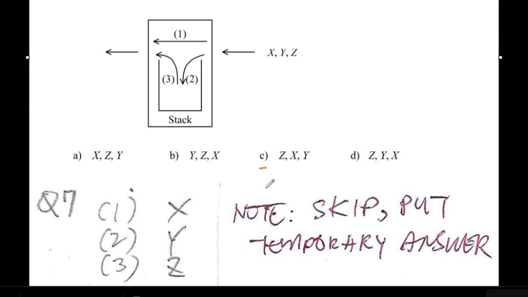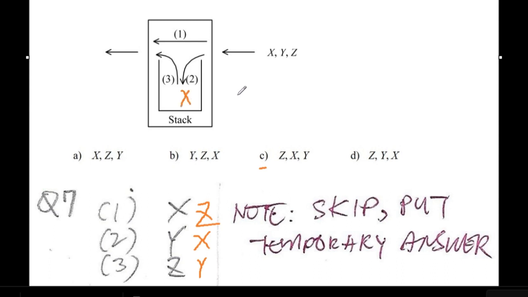was because if the order is ZXY, and instead of X here you put Z, and for the second operation you put X, and for the third operation you put Y, it would seem that the letter X would be stuck inside the stack.